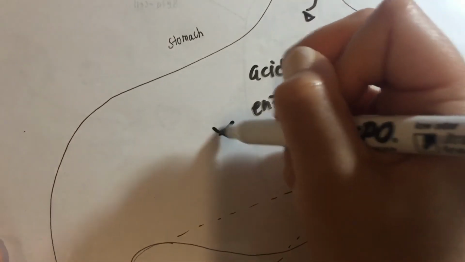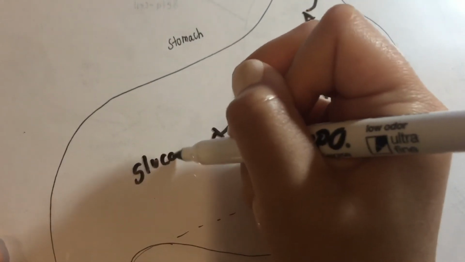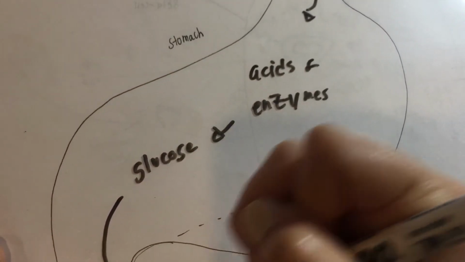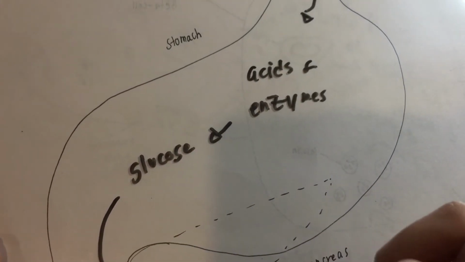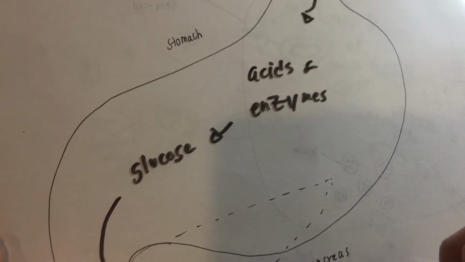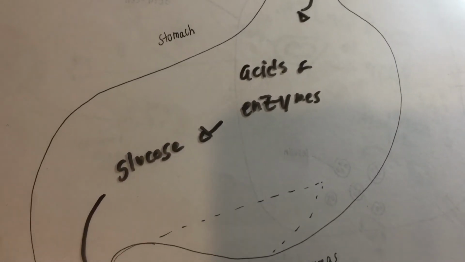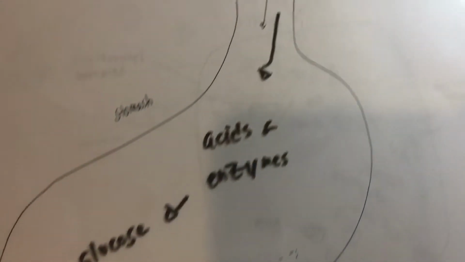And then this gets broken down into glucose. Glucose travels down and it eventually leads up into the bloodstream. And that's how glucose enters the bloodstream and how it can be sensed by the pancreas.